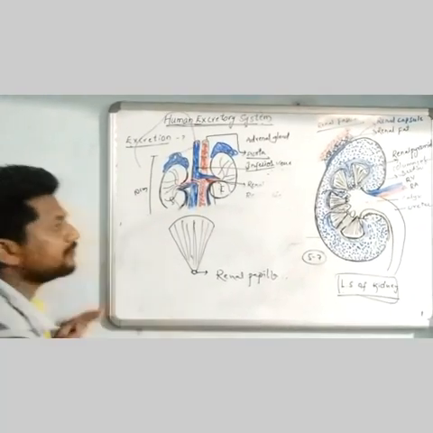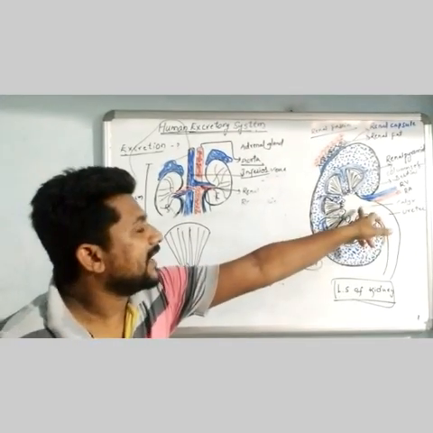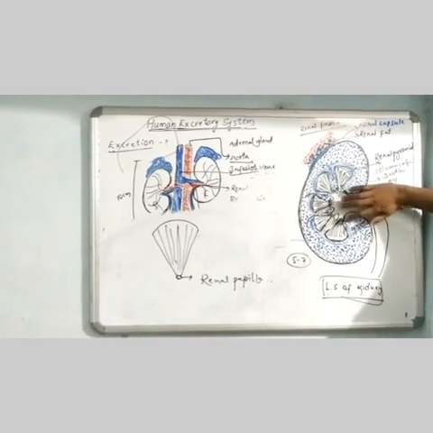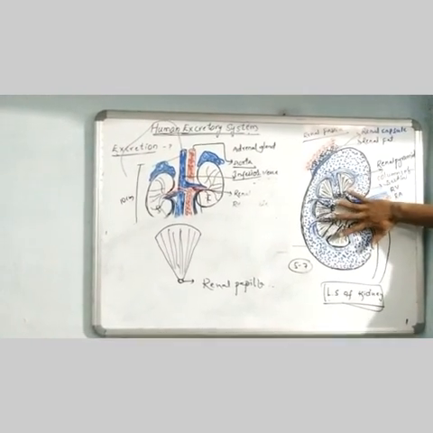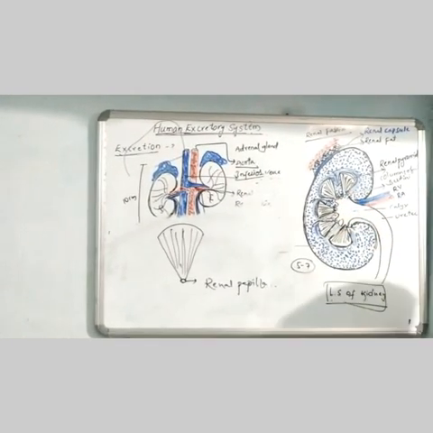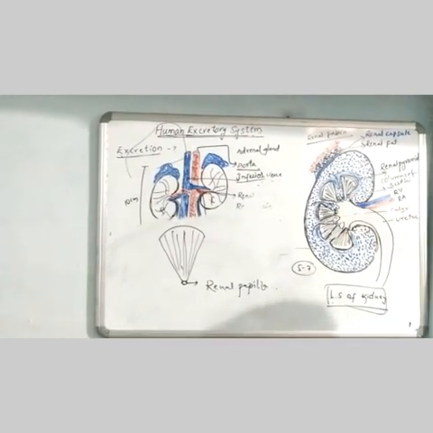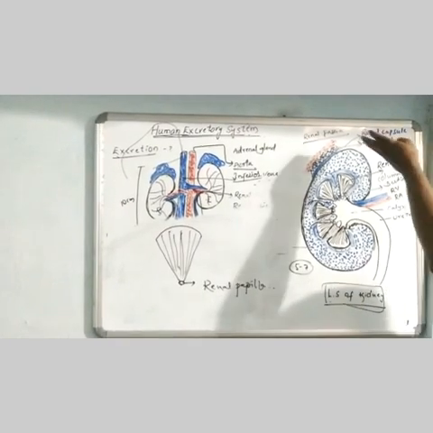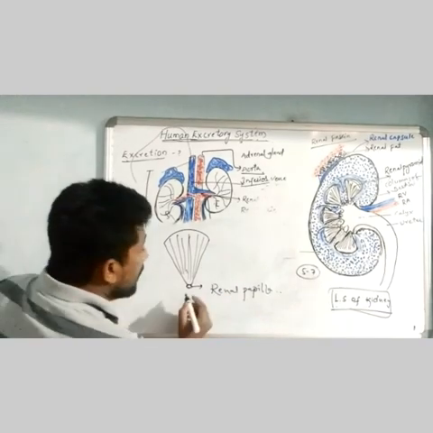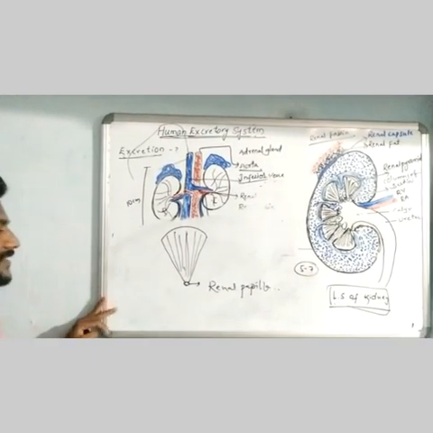From the calyx, this is the calyx complex structure, there are finger-like projections emerging from the calyx area. These projections are known as calyces. There are two types of calyces: minor calyces and major calyces.